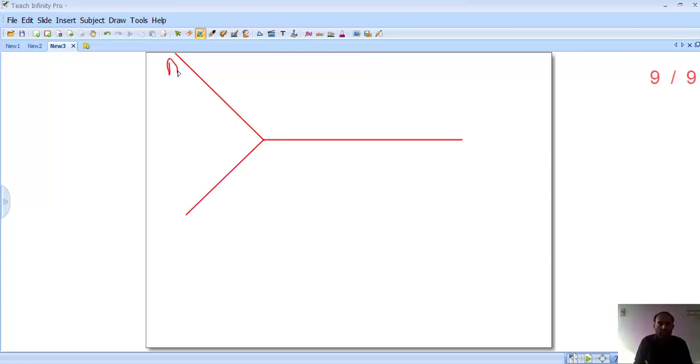This one is point A, this one is point B, this one is point C, this one is point O, and it is given here that this angle is 120 degrees, this angle is 90 degrees, and he is asking that you tell me this angle BOC. You need to find out angle BOC.